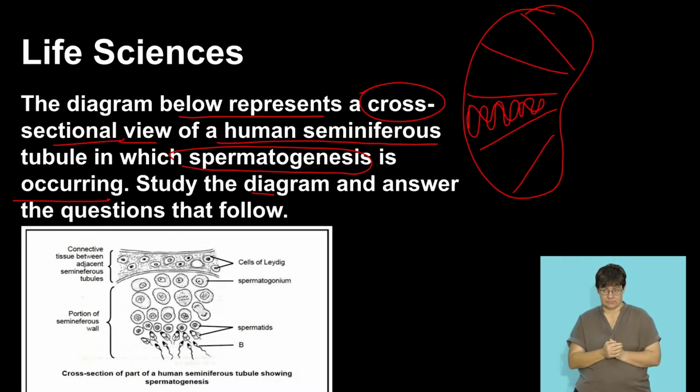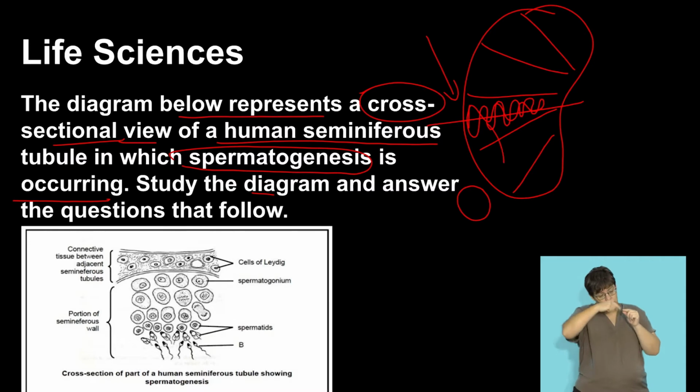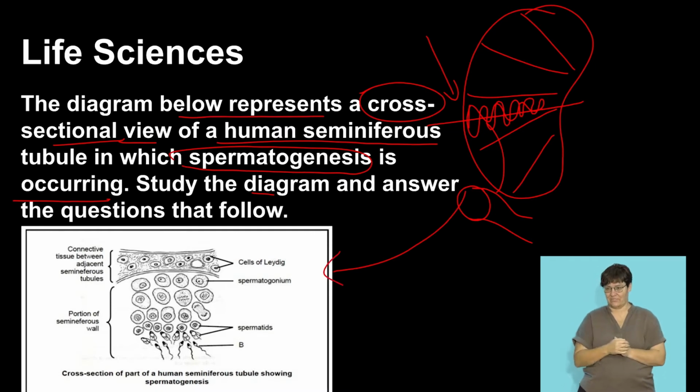So these tubes have been cut into a cross section. We're taking one of these tubes and looking at it in a cross section. That's essentially what we're looking at in this diagram. We're looking at a cross section through the seminiferous tubules showing the process of spermatogenesis.